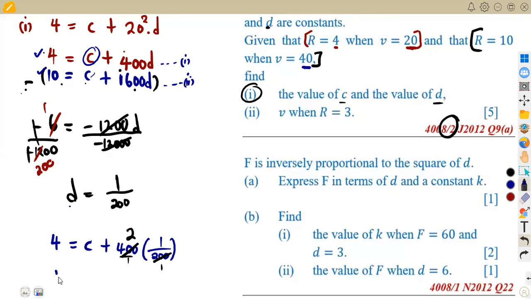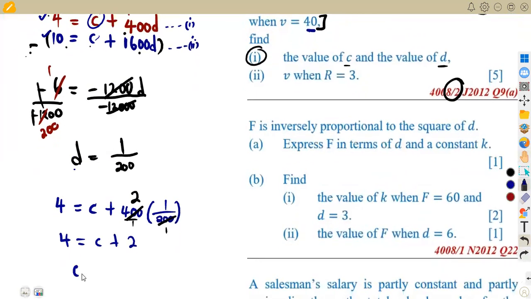So we are left with 4 is equal to C plus 2. To find the value of C, we simply transpose 2 to that side. It becomes a negative, so 4 minus 2 is 2. So C is going to be 2 in this case. That is what we were supposed to obtain, the value of C and also the value of D.